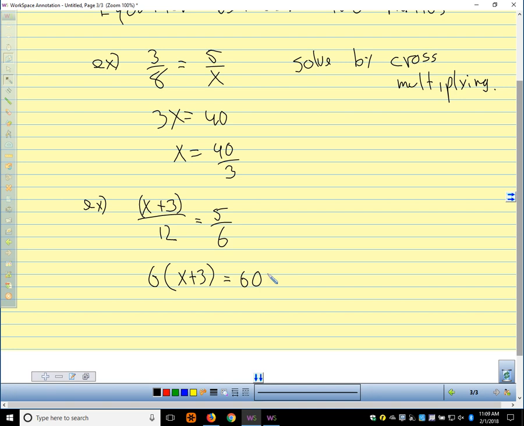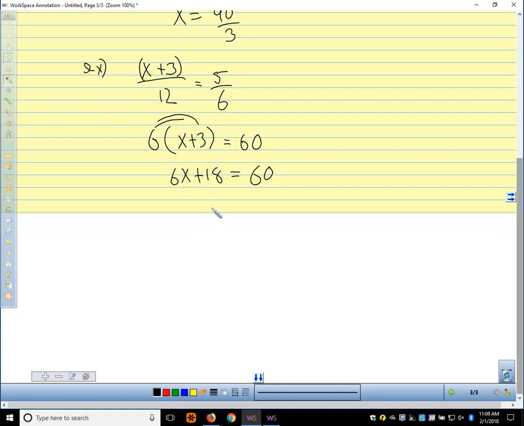A lot of times if you don't write the parentheses, when you write 6 times x plus 3, you just do the 6 times x, and then you get the wrong answer. So now we can distribute, and we get 6x plus 18 equals 60. Subtract 18, and 6x equals 42. Divide by 6, and this time x equals 7.